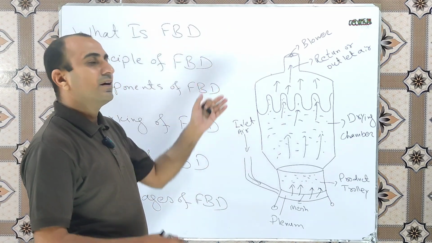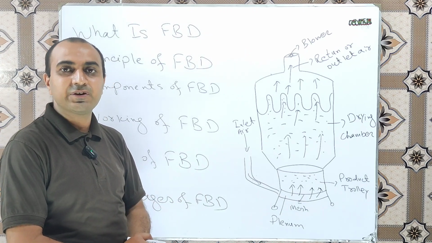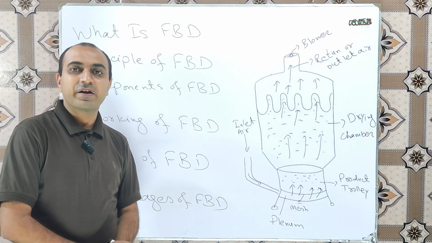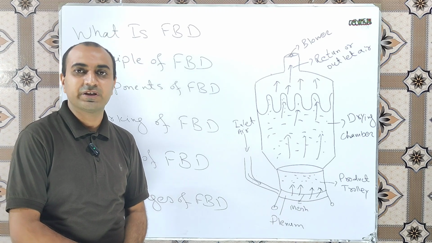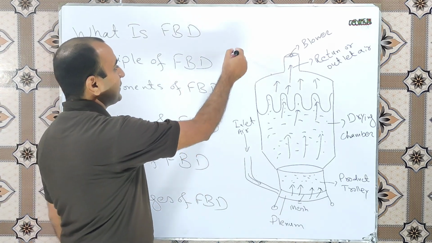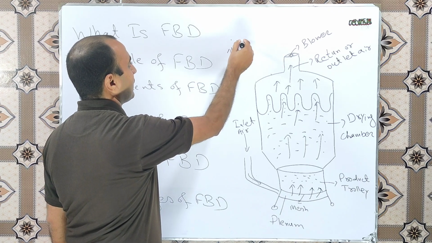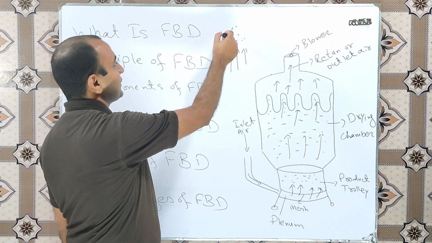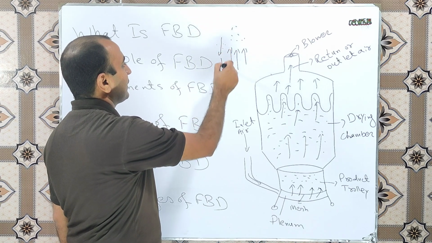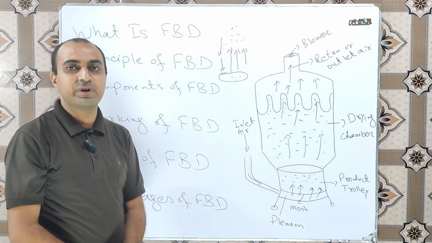To understand, remember one thing: the carrying capacity of the air for particles is more than the settling velocity. Meaning, the velocity at which air carries our particles is more than the velocity at which particles settle down at their original place.